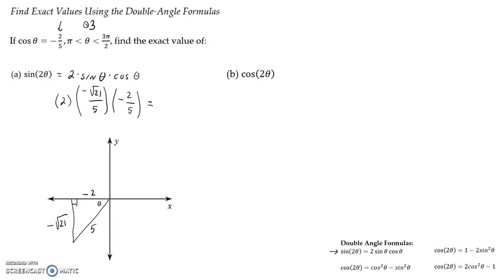When we multiply our denominator, 5 times 5 is going to give us 25. And on top, the 2 negatives will make this a positive answer. And 2 times 2 is 4. And we still have the times radical 21. Now, this we cannot reduce, so we'll want to leave this as our final answer for this part of the question.